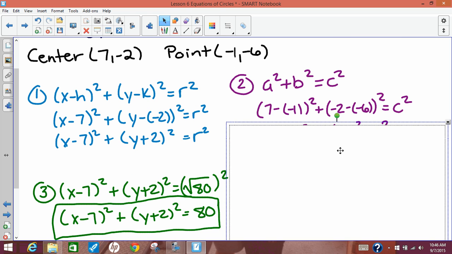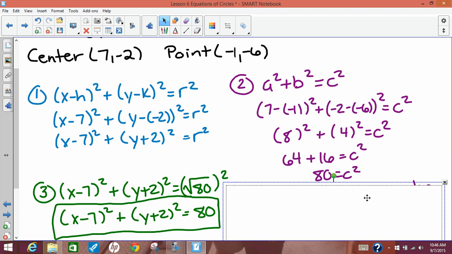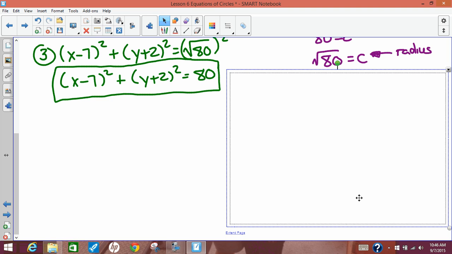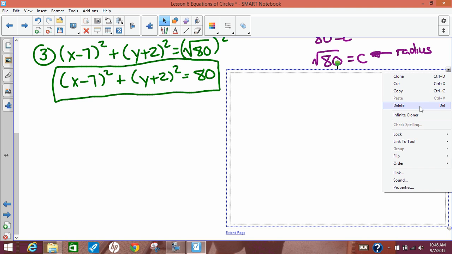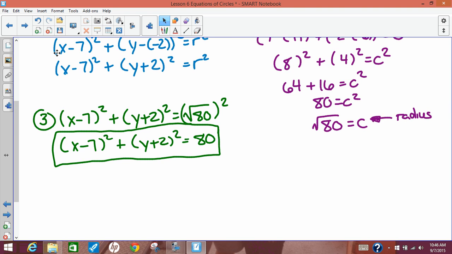Plugging in, subtracting our x's, subtracting our y's, simplifying, getting that c, which is the radius in this case, is the square root of 80. And then we can come back here, grab the work we did in blue, grab root 80, plug it in for r, and then just simplify that the square root of 80 squared is just 80. And we have our final answer.